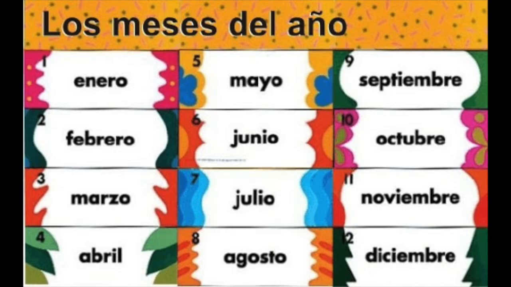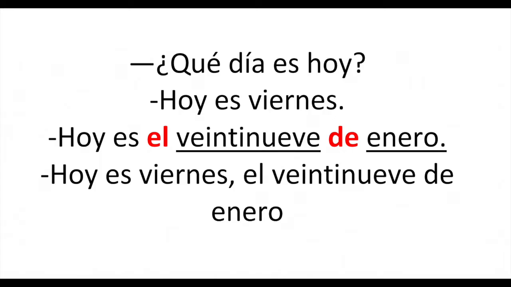Octubre has a U and not an O, and again RE at the end, not ER. Noviembre, again an IE and RE at the end. Diciembre, IE again and RE at the end. So be careful with the spelling of the months of the year.